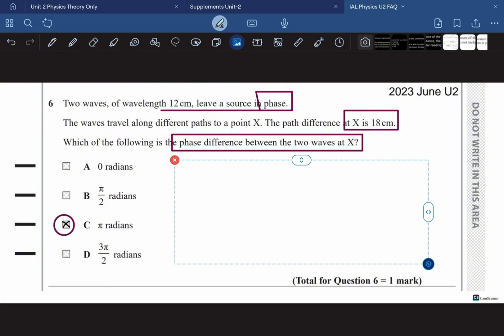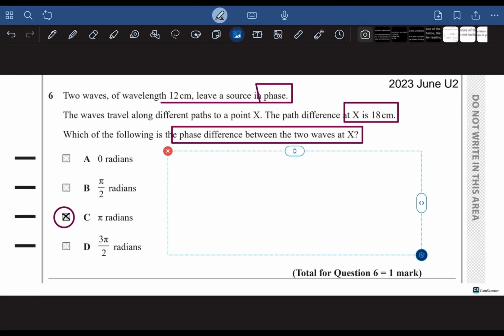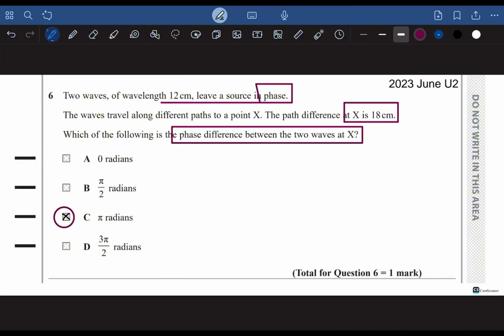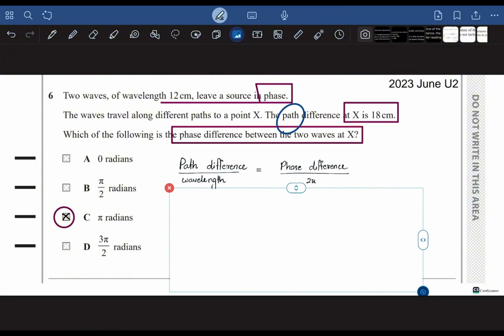Now let's think of it this way: phase difference is always measured in pi, right? And the path difference is measured in lambda. As there is both phase difference and path difference in this question, we can write path difference divided by wavelength equals phase difference divided by 2 pi.